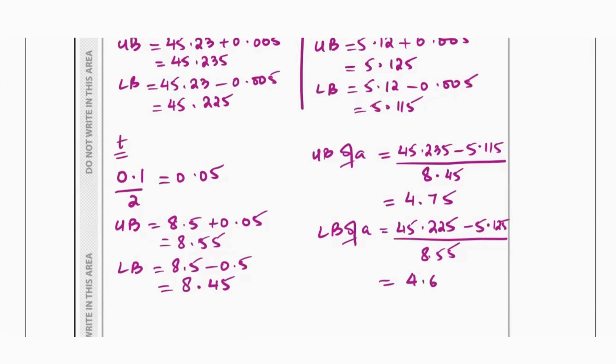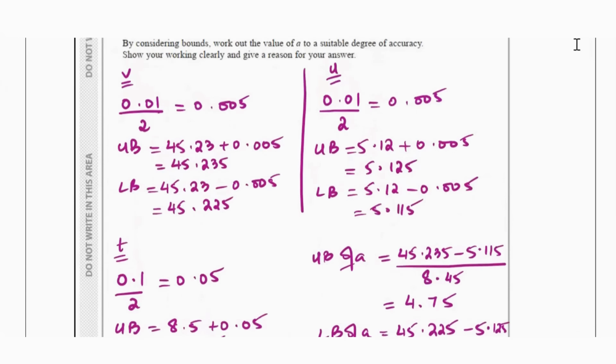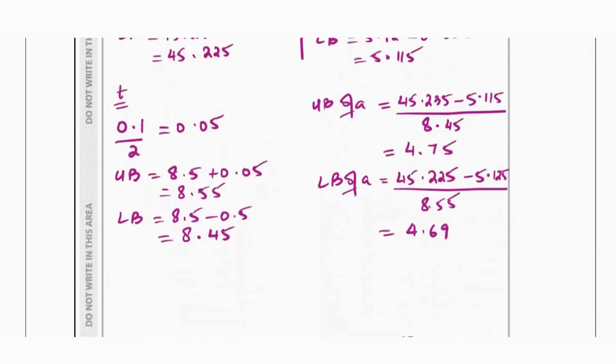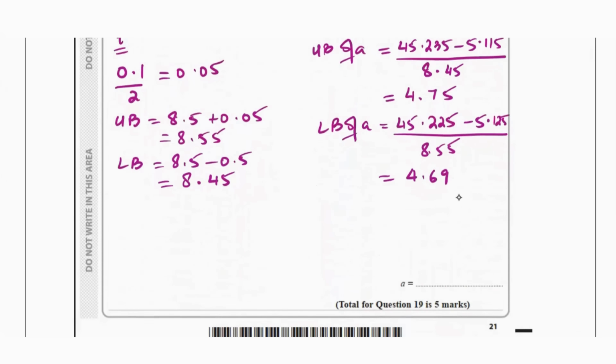That is 4.69 correct to two decimal places. They're saying by considering bounds, work out the value of a to a suitable degree of accuracy. Based on this, the value of a should be 4.7, because a is less than 4.75 but greater than or equal to 4.69. So a is 4.7.